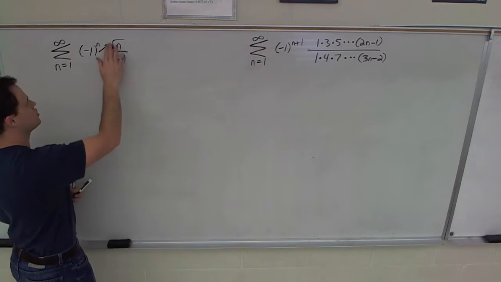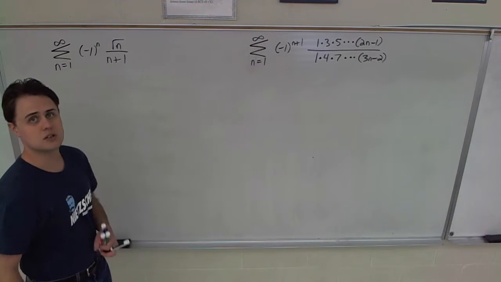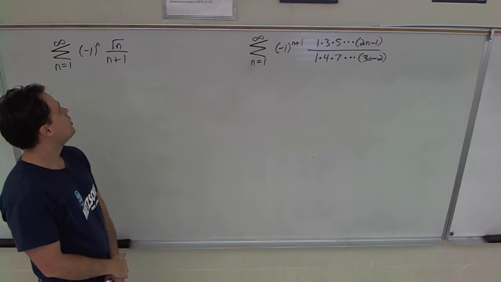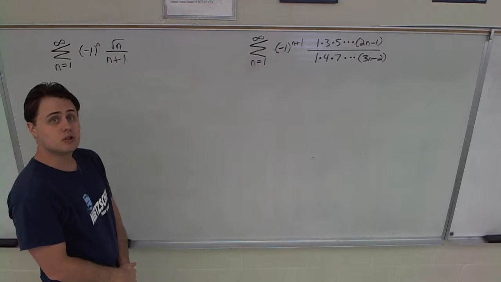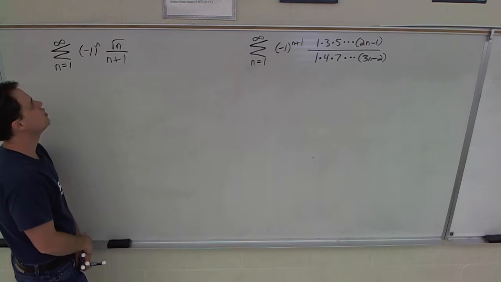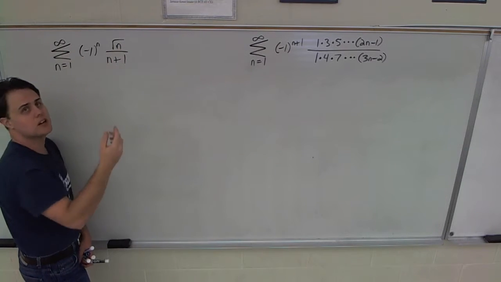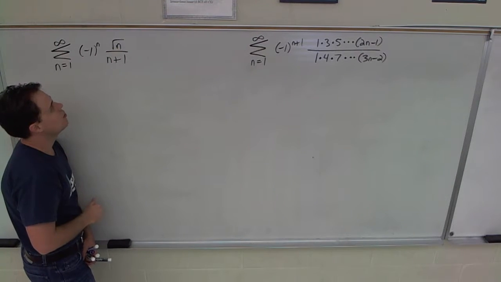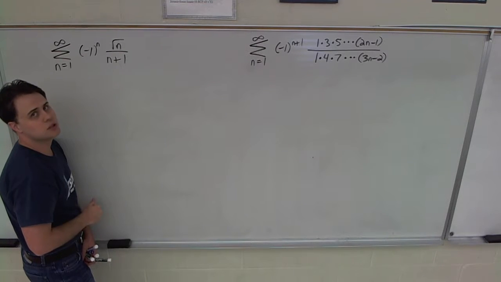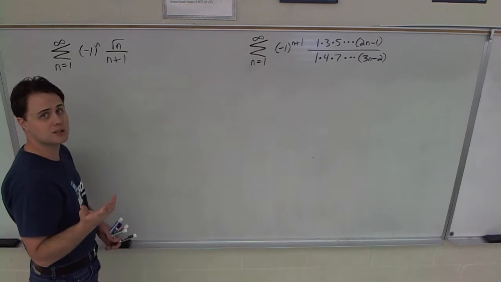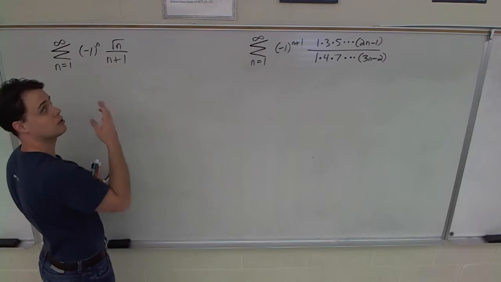Think about what other test we could use to work on this series. We could think about the absolute value and see if it absolutely converges that way. If we take the absolute value, then we'd have this series, which, if you do some kind of comparison test, I'm not sure is going to converge or diverge. So maybe we should try the alternating series test, because of course it has an alternator right there.